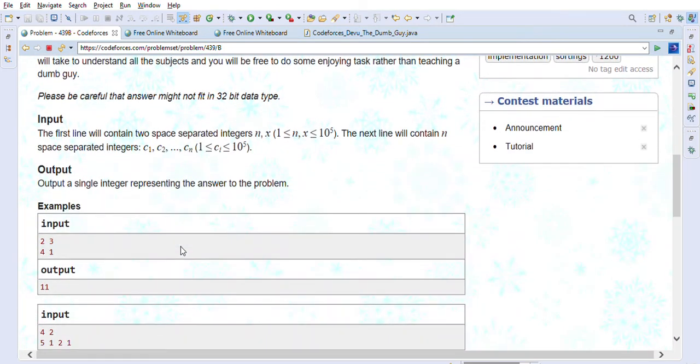The input is: the first line contains two space separated integers n and x, where n is the total number of different subjects, and x is the initial learning power.